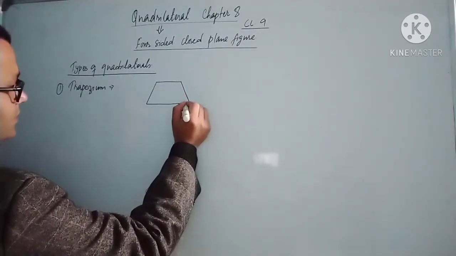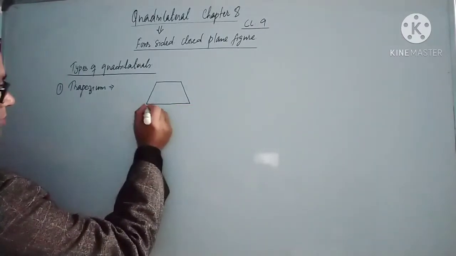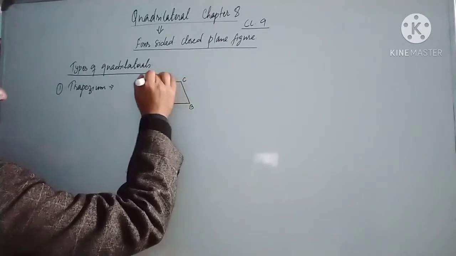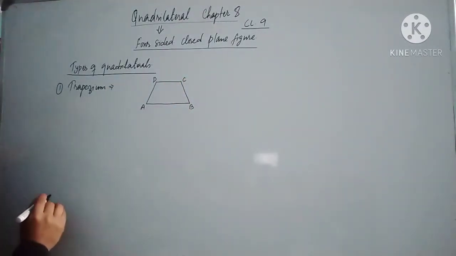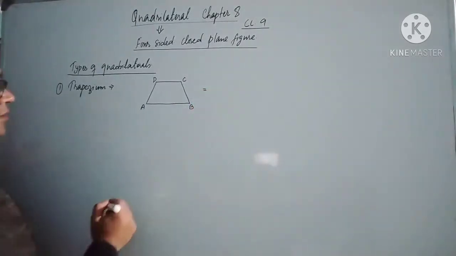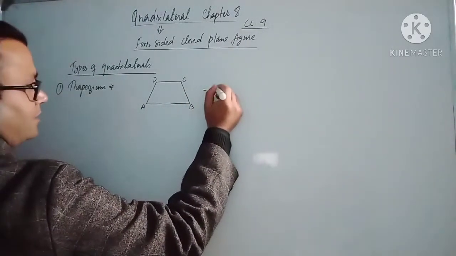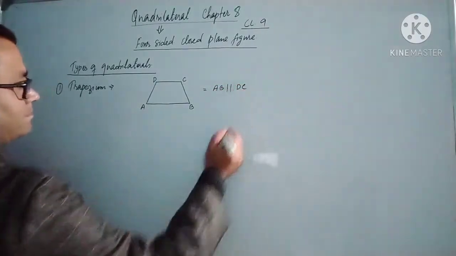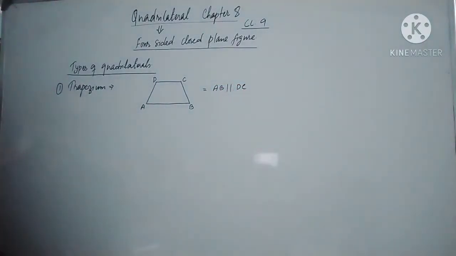Here, suppose we consider the vertices of this quadrilateral are ABCD. So in this trapezium, we can see AB is parallel to DC.